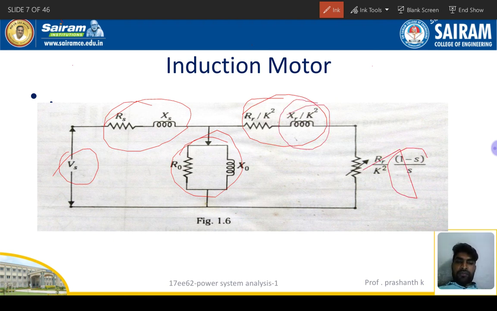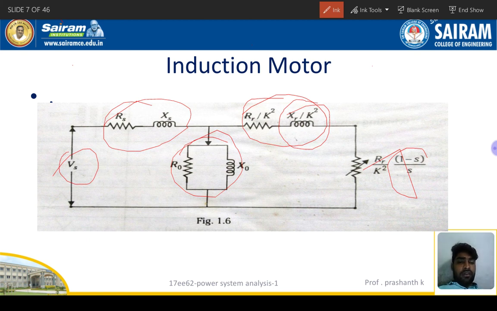Slip is like a relative motion between the rotating magnetic field and the rotor actual speed: Ns minus Nr divided by Ns. Ns minus Nr is the slip speed, the difference between the synchronous speed, the rotating magnetic field speed, and the rotor speed, divided by Ns. That's a ratio we are taking, that's the slip.